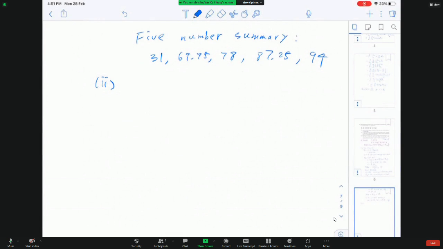So the first step is to determine the interquartile range. The interquartile range is the difference between the upper quartile and the lower quartile. Okay. So this is how we compute the interquartile range. It is the distance from the lower quartile to the upper quartile.